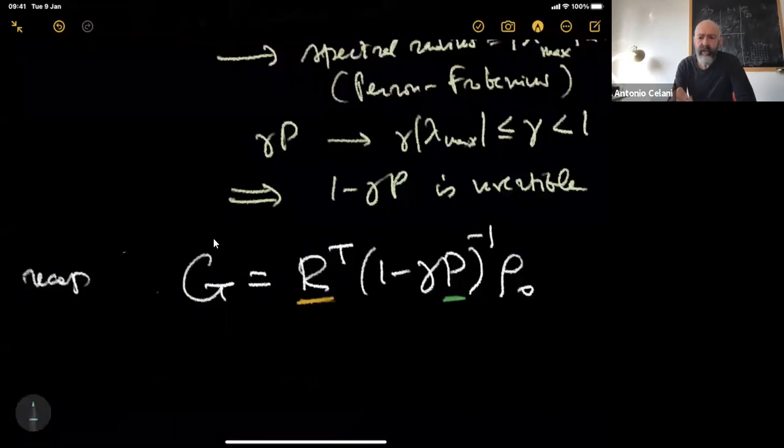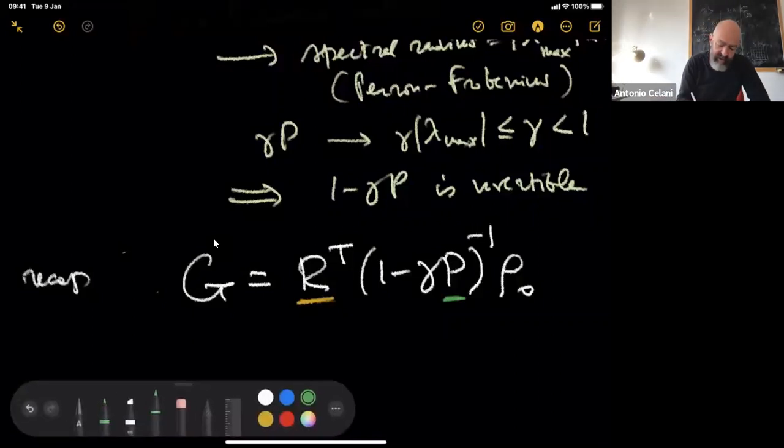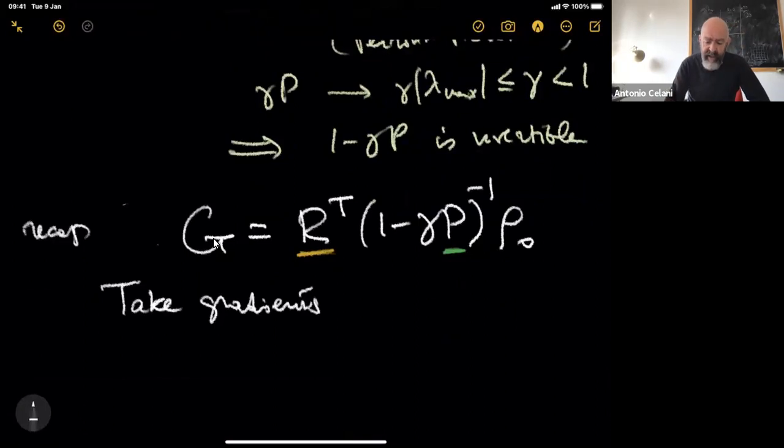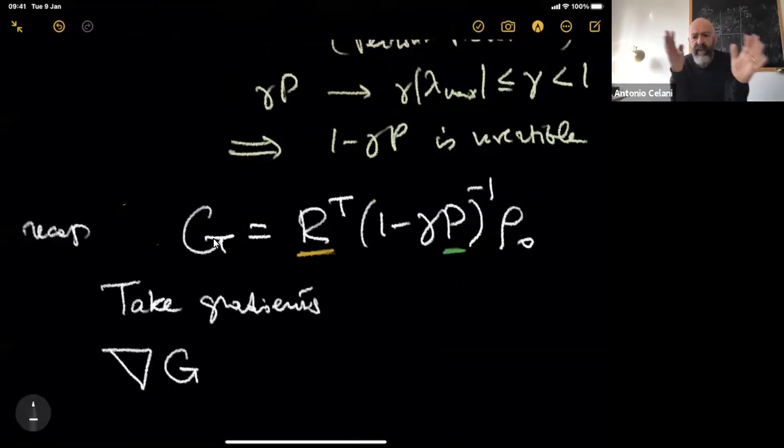Now this puts us in condition of taking gradients. For the moment, for the sake of simplicity, I'm just going to write grad G. Taking gradients means that you have to take derivatives in all possible directions of space. So this grad means that I'm choosing one particular direction.